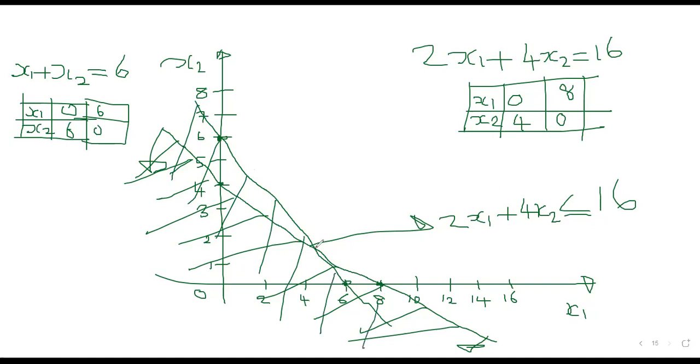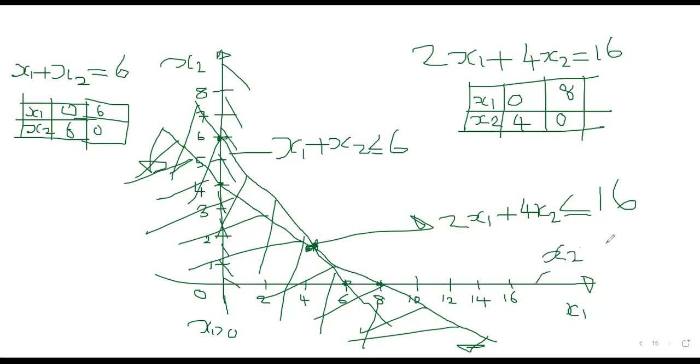So this is the point of intersection, and this is our x1 plus x2 equals 6. Then this one is x1 greater or equal to 0. You shade like this. And then this one is x2 greater or equal to 0, where we're cutting x2 at this point.